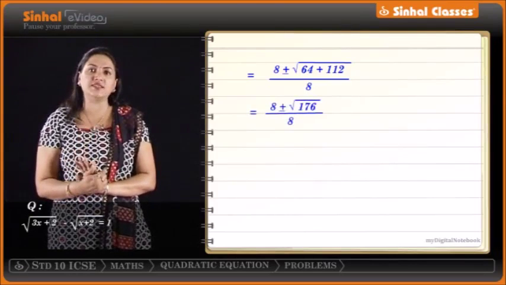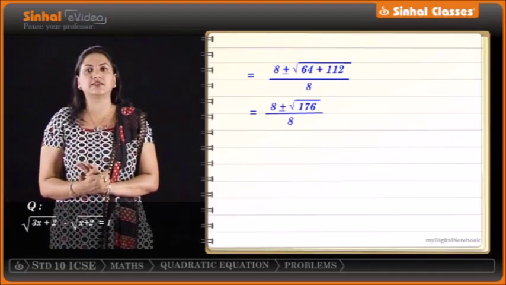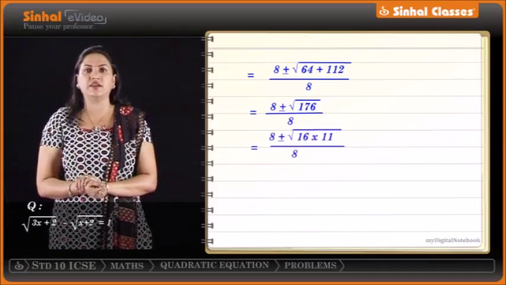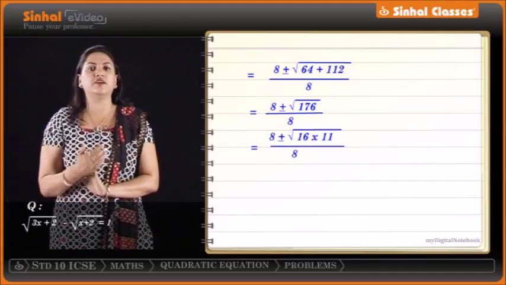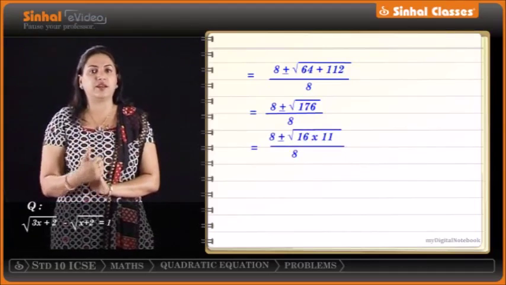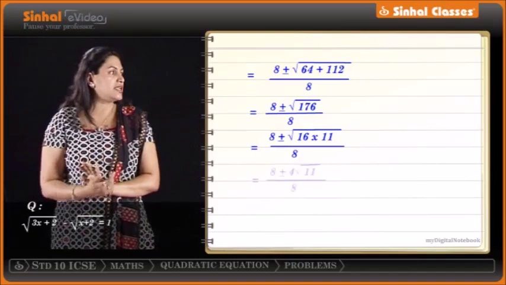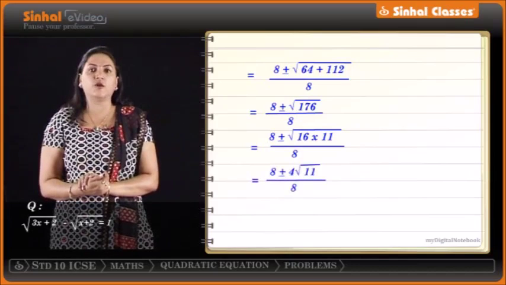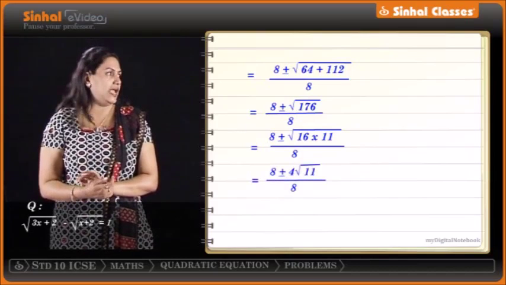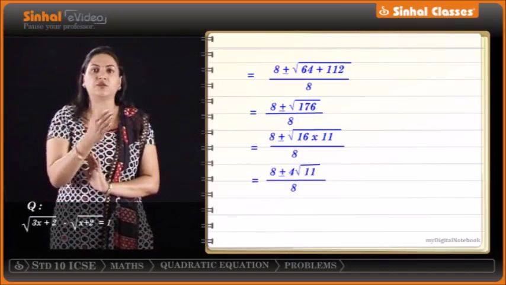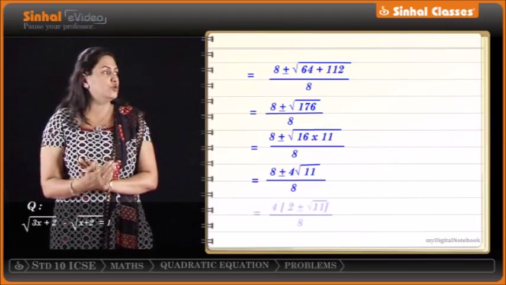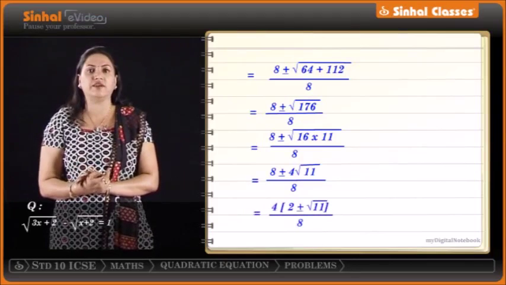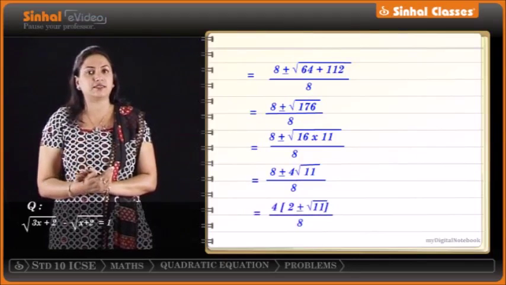Now root 176 is 16 into 11. Now we remove 16 outside the root, we get 4 root 11. So our next step is 8 plus or minus 4 root 11 upon 8. Now from the numerator remove 4 outside, we have 4 into 2 plus or minus root 11 and denominator as 8.